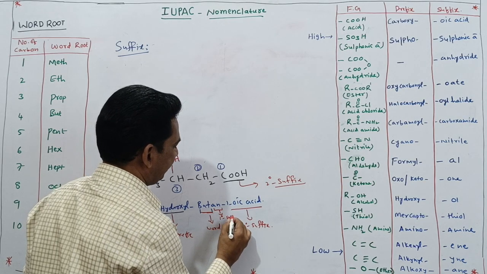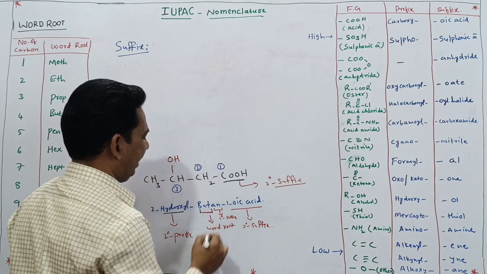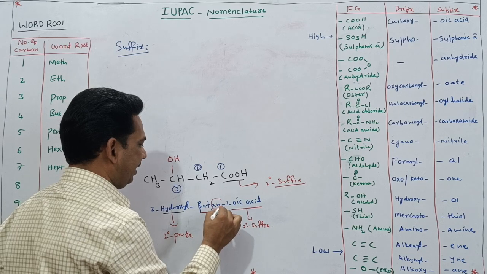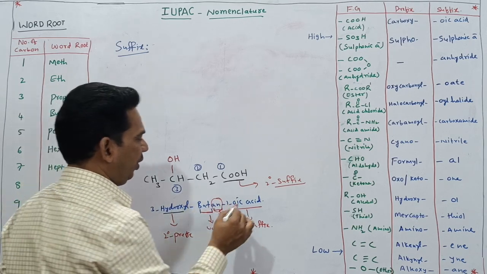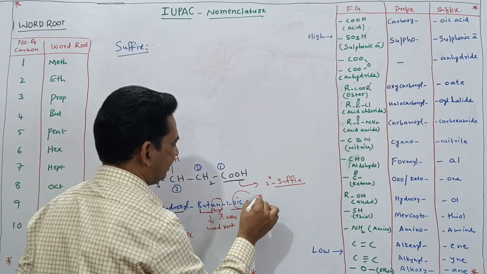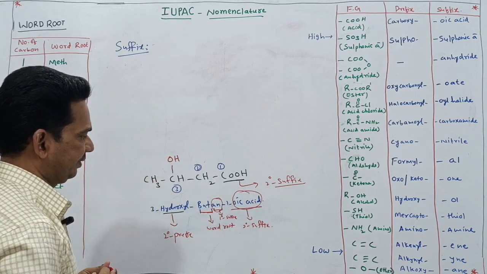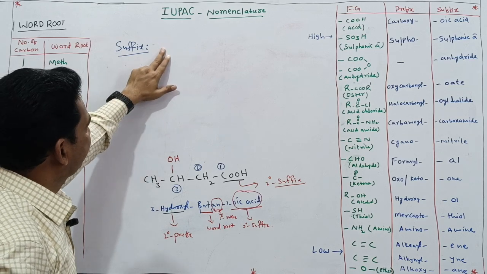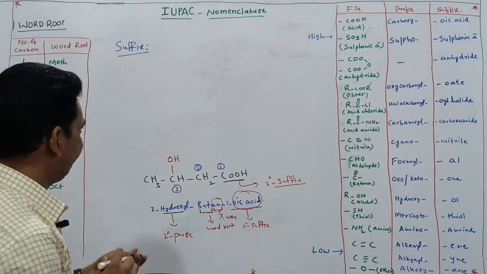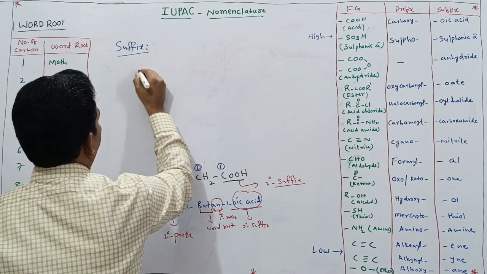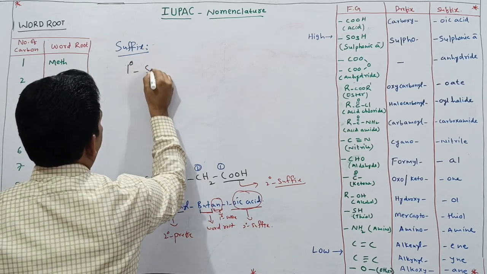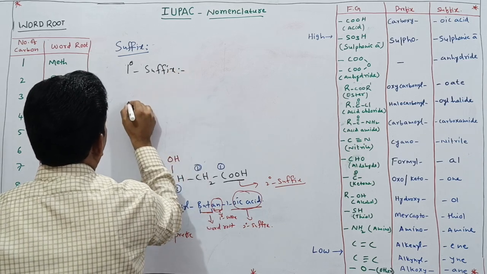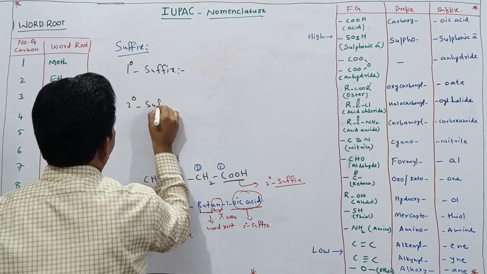This is the primary suffix. An we write as the primary suffix. Oic acid we write as the secondary suffix. It means the suffix is classified into two types: one is the primary suffix, another is the secondary suffix.